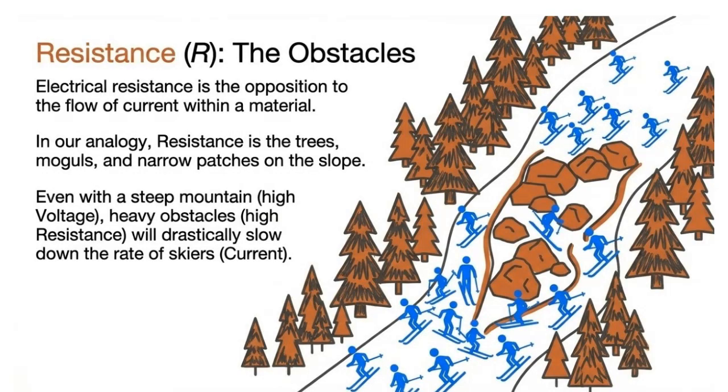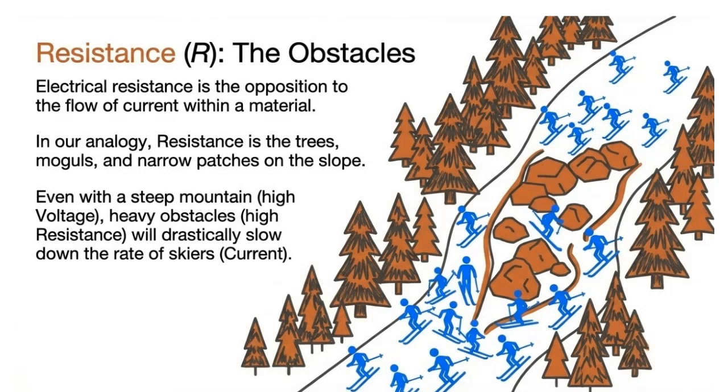Electrical resistance opposes the flow of current through a material. In the example we're using, resistance is like the trees, bumps, and narrow areas on a ski slope that make it harder for skiers to move. Even if the mountain is very steep, which represents a high voltage pushing the skiers down quickly, having lots of obstacles, or high resistance, will slow the skiers down significantly.